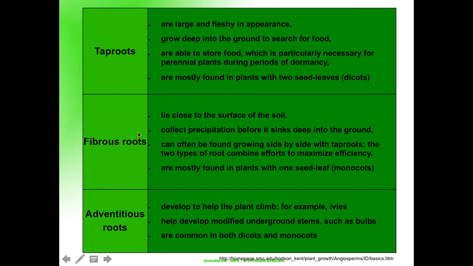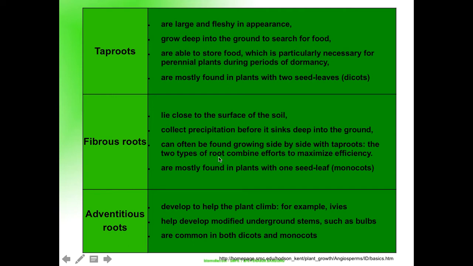Fibrous roots. They lie close to the surface of the soil. They collect precipitation before it sinks deep into the ground. They can often be found growing side by side with taproots.